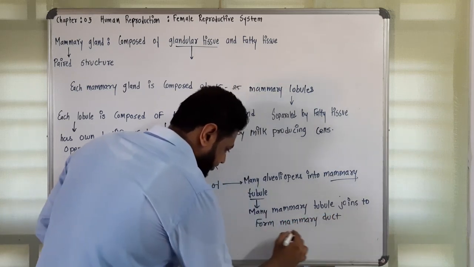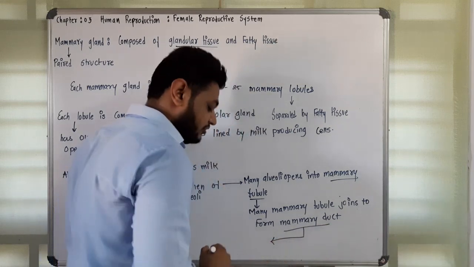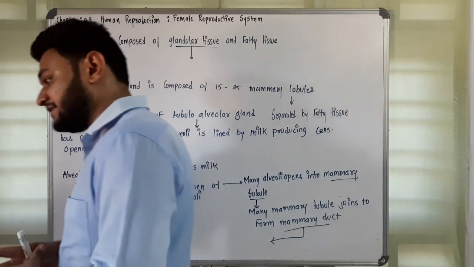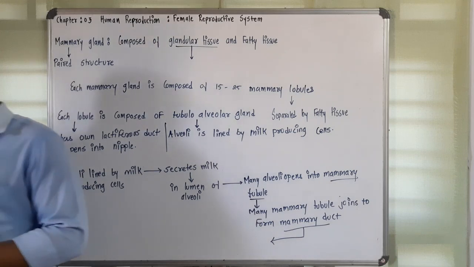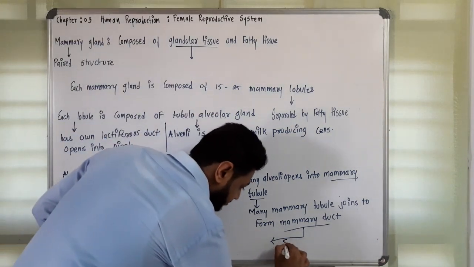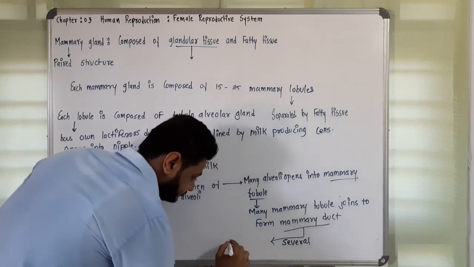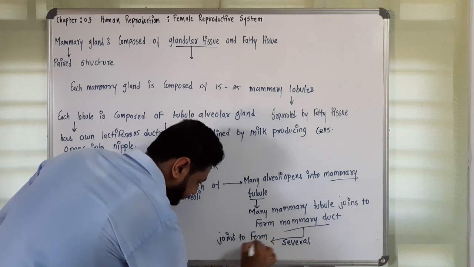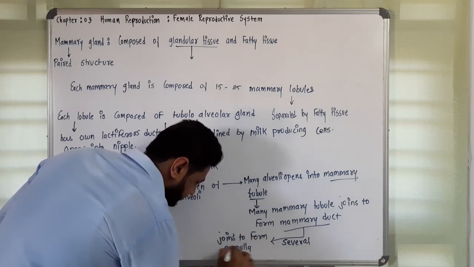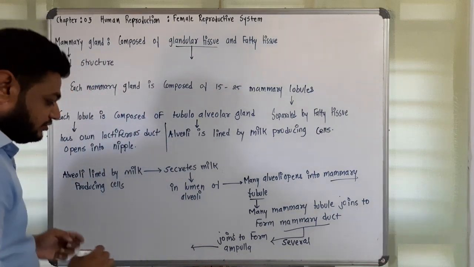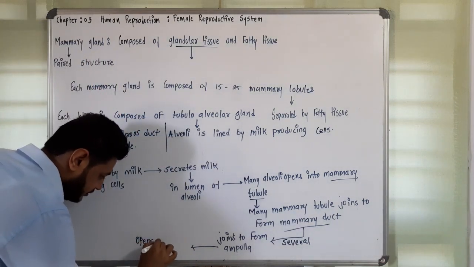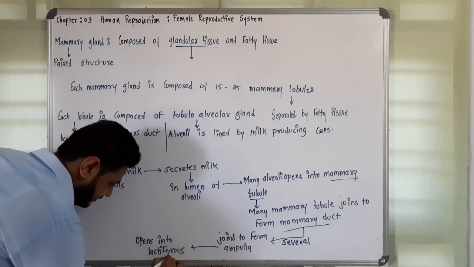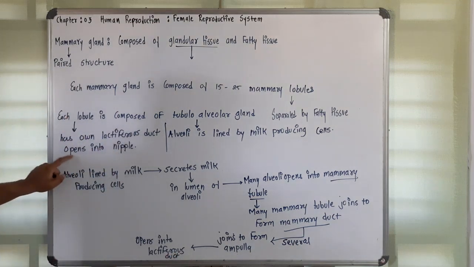Several mammary ducts join to form a broader part referred to as the ampulla, and this ampulla further opens into the lactiferous duct. As I said, this lactiferous duct further opens into the nipple.